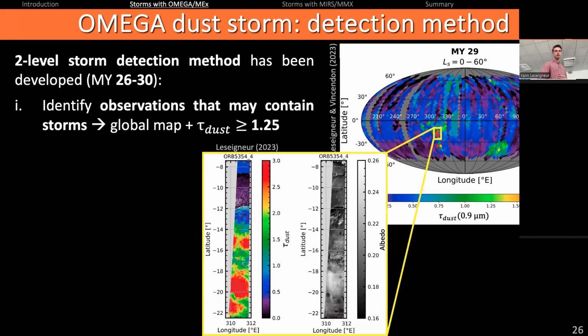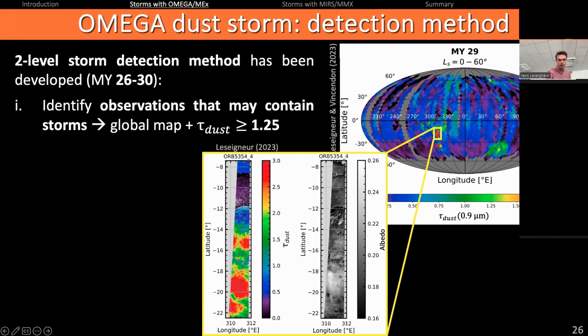And then the second level. As an example here, we can extract some observations that have this large amount of atmospheric dust. And if we open the individual map, we have these different patterns of dust storms in the dust optical depth map.